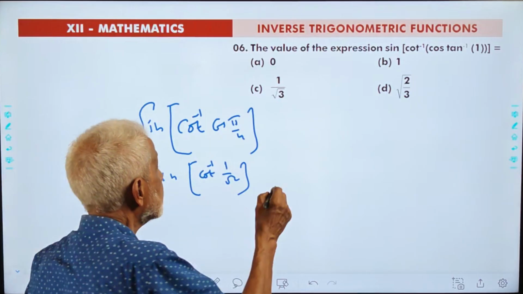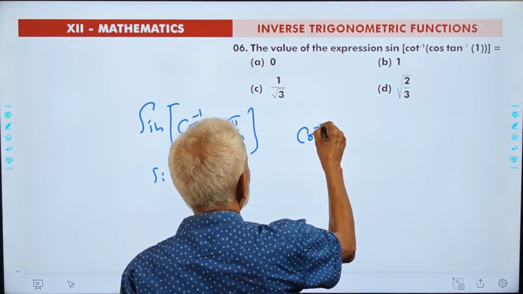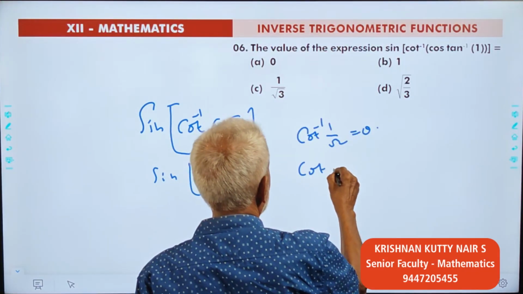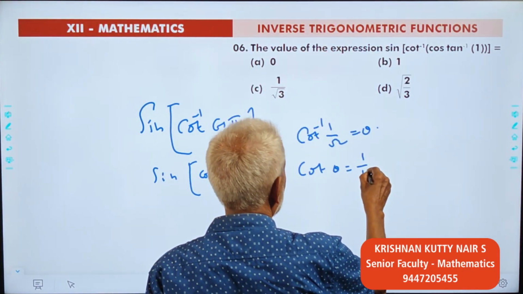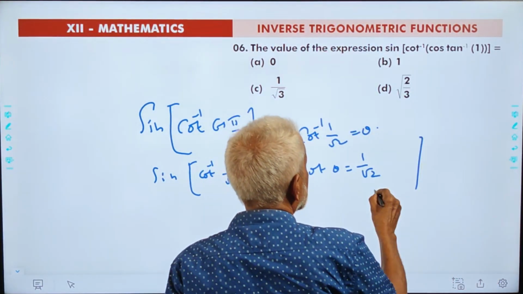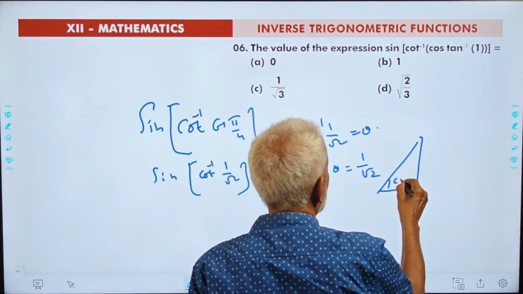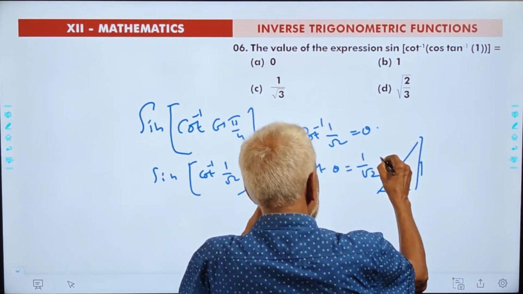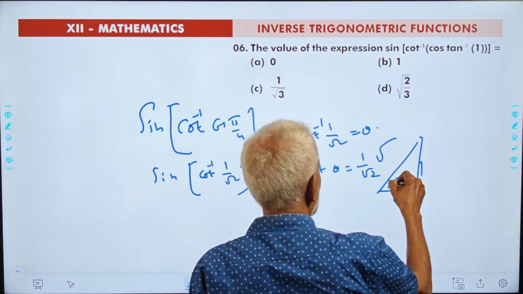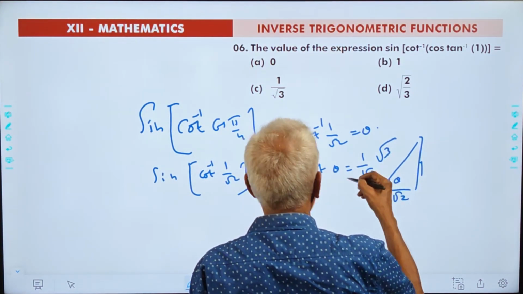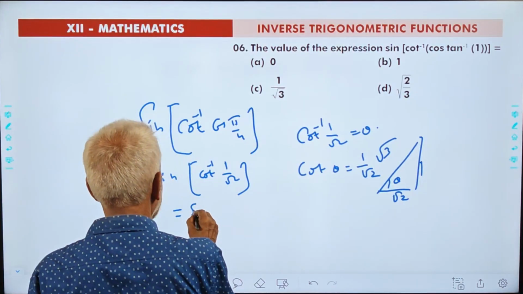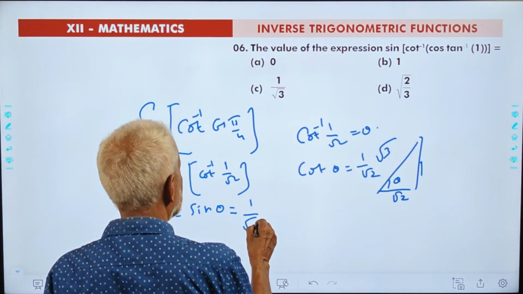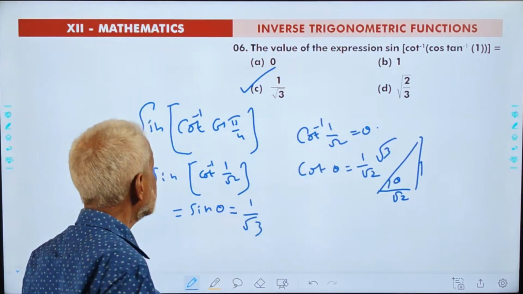We can take cot inverse 1 by root 2 as theta. Then cot theta is equal to 1 by root 2. Cot theta is adjacent side by opposite side. Therefore, hypotenuse is root of 2 square plus 1, root 3. Then this is equal to sin theta. Sin theta equals 1 by root 3. The correct choice is C.